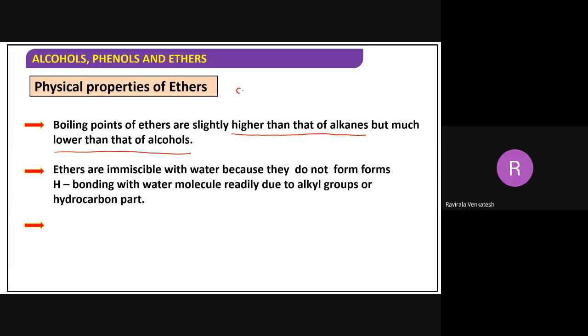I'm taking three examples: CH3CH2CH3, CH3OCH3, and CH3CH2OH. This one is an alkane, nothing but propane. This one is an ether, dimethyl ether. This one is an alcohol, ethyl alcohol.